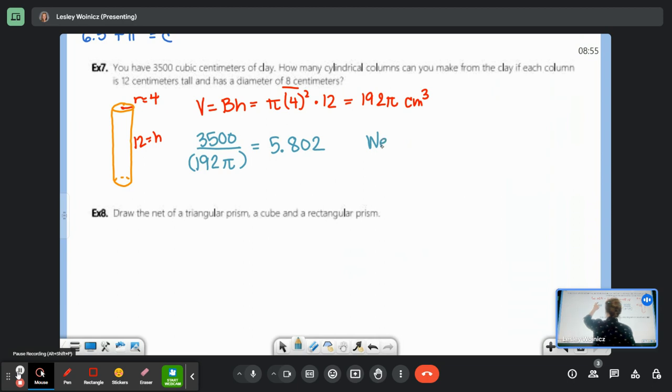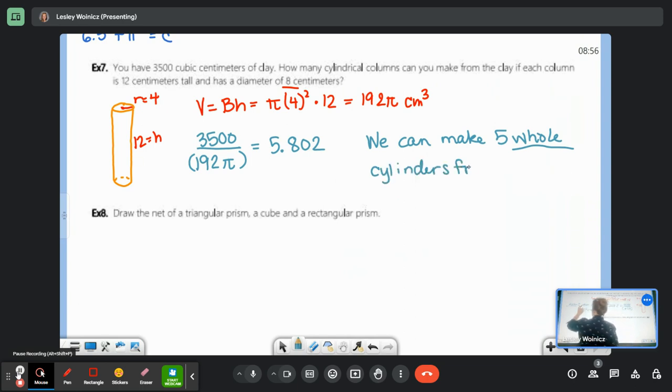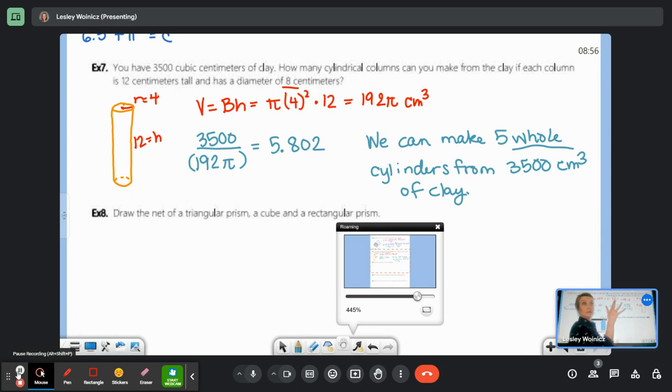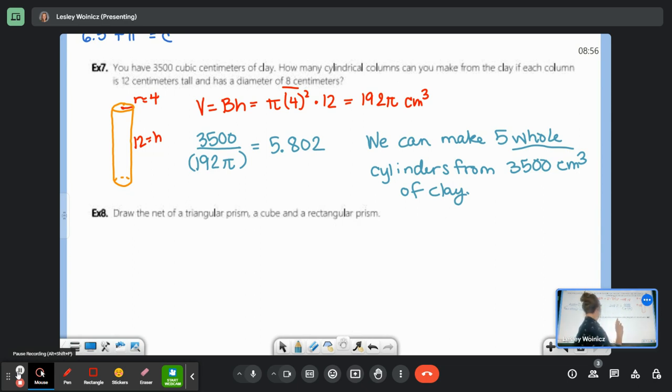So we can make 5 whole cylinders from 3,500 centimeters cubed of clay. Okay, everybody's brain happy? Okay.